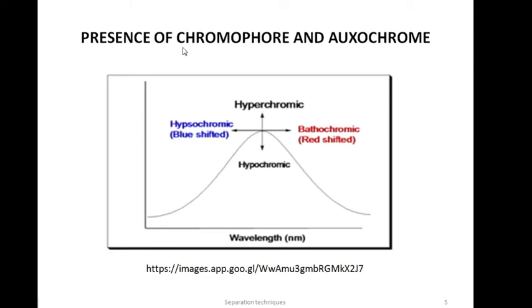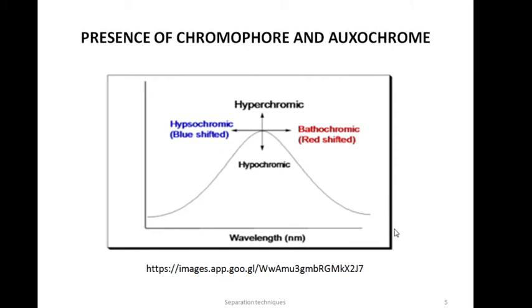On introduction of a chromophoric group, the wavelength of absorption should increase, right? When you introduce a chromophoric group, there will be more conjugation. When there is more conjugation, the wavelength which it is going to absorb will be higher. So this peak is going to shift towards the right side.